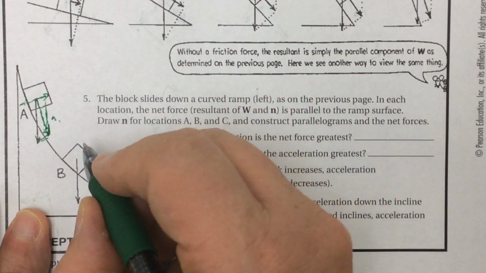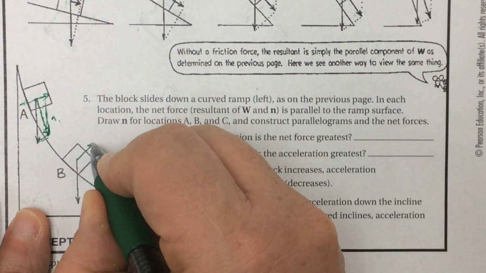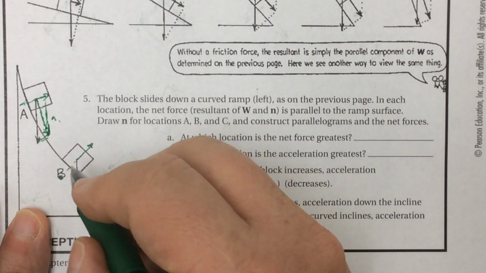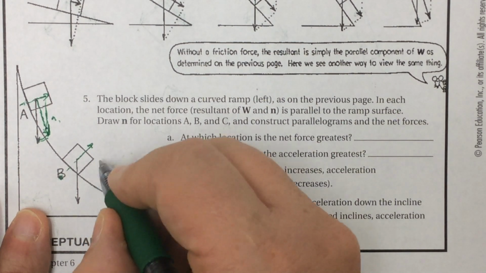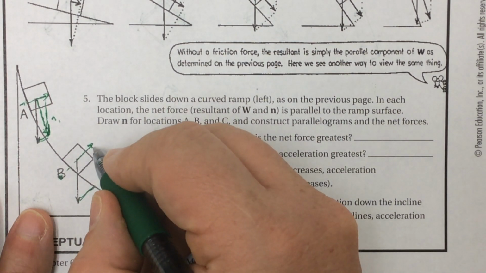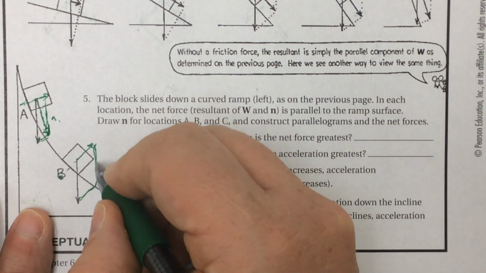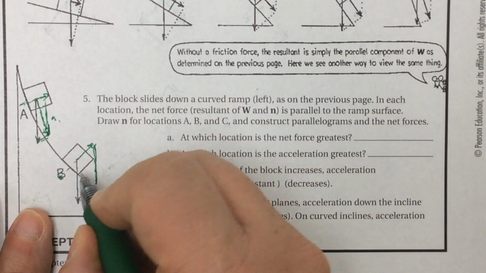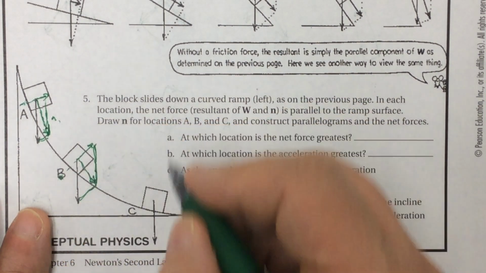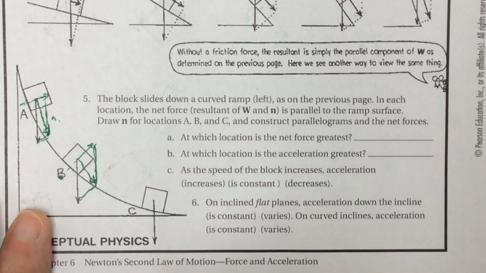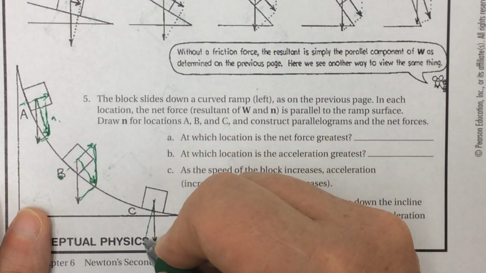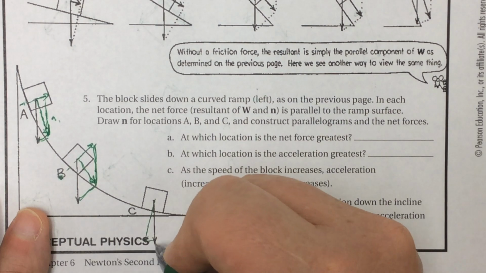For B, here's the normal, coming out nice, equal to this, whatever this is. And so I need a component that's essentially a parallel line. So this is coming straight out of here down to this point. So this is the net force here. And then the last one is really simple because this is huge. It goes all the way down to here.